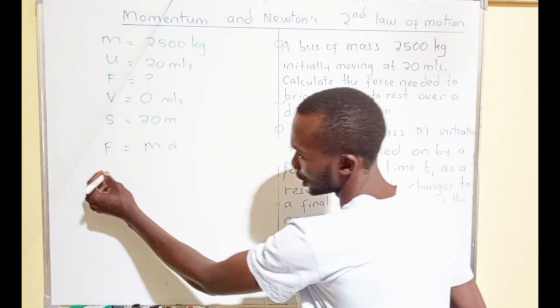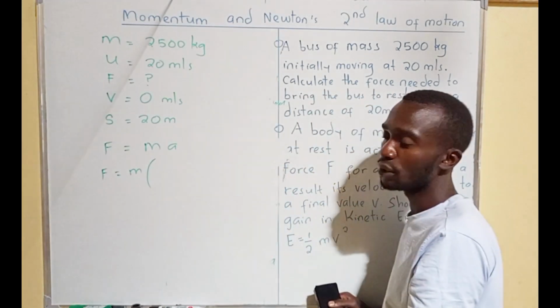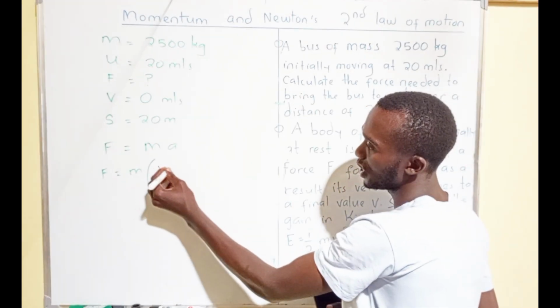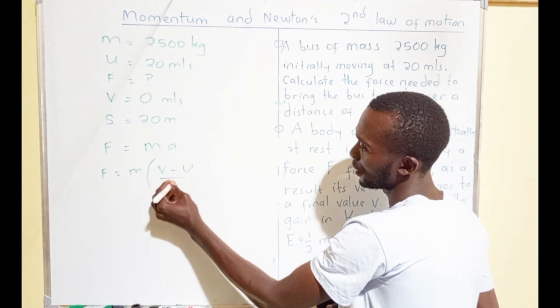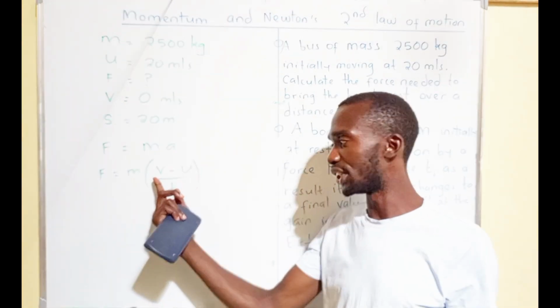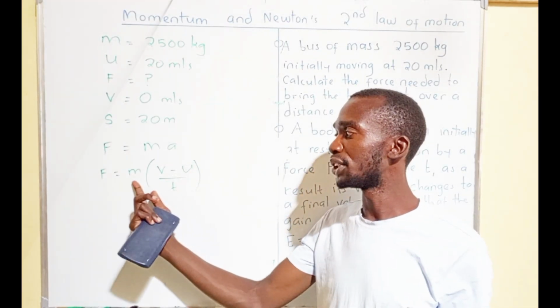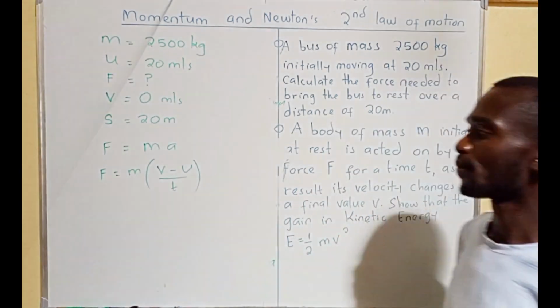So the force is equal to mass times acceleration, where acceleration is the change in velocity, v minus u over t. V stands for the final velocity, u for the initial velocity, t for time, m for mass, and F is the force.